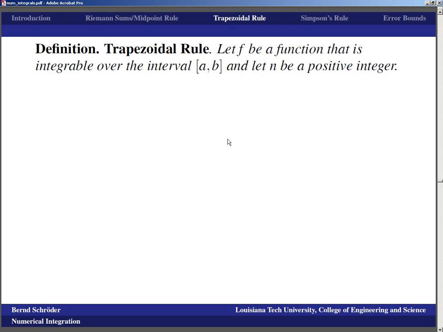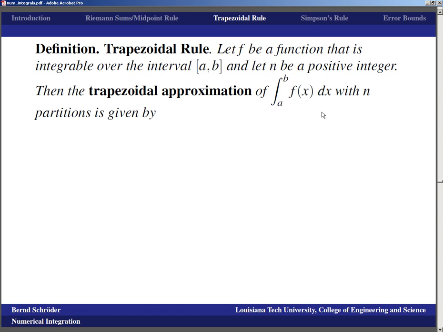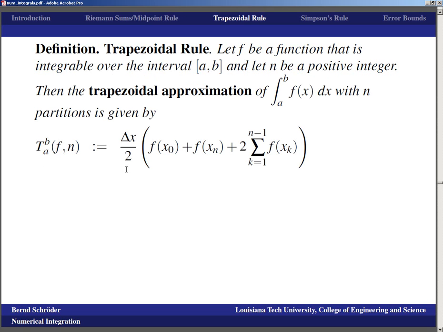Now, the definition of the trapezoidal rule is that if you've got a function that is integrable over the interval [a, b], and n is a positive integer, then the trapezoidal approximation of the integral with n partitions, T_n from a to b of f, is delta x over 2 times f(x_0) plus f(x_n) plus 2 times the sum of the f(x_k) from 1 to n minus 1.